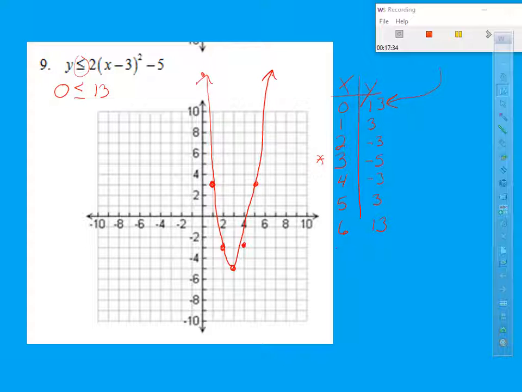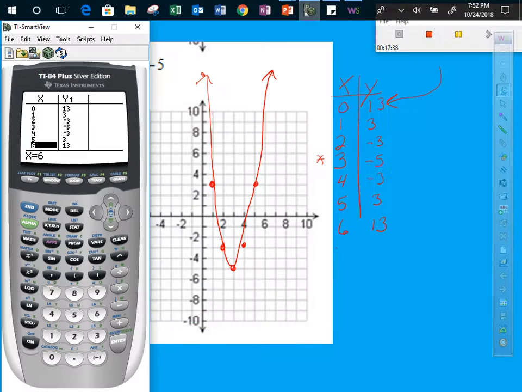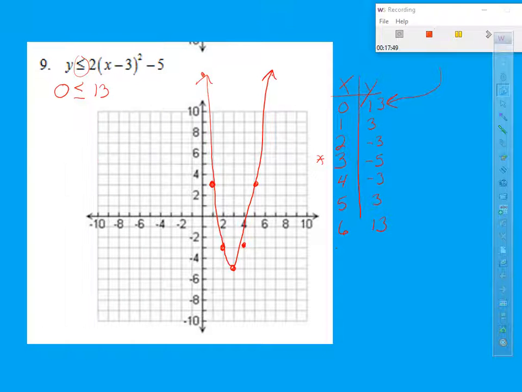Guys, if that wasn't in my chart, I would have searched my table until I see 0 and compared it to 13. So you ask yourself, is 0 less than 13? And it is. That's true. So we want to shade wherever 0, 0 is. Well, 0, 0 is right here, so I want to shade on the outside.